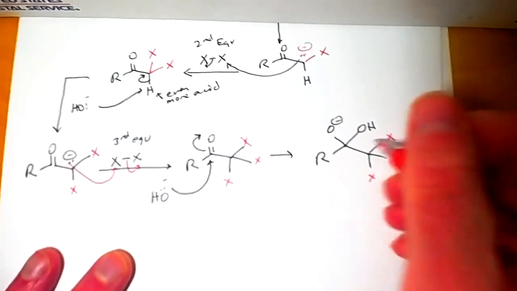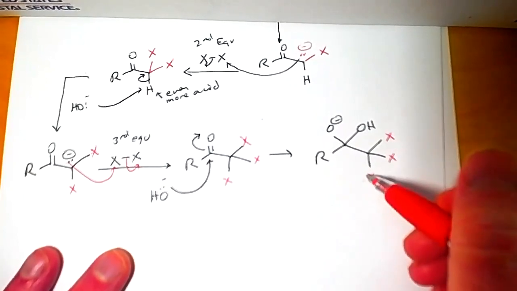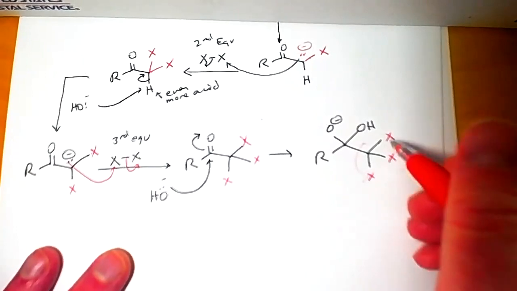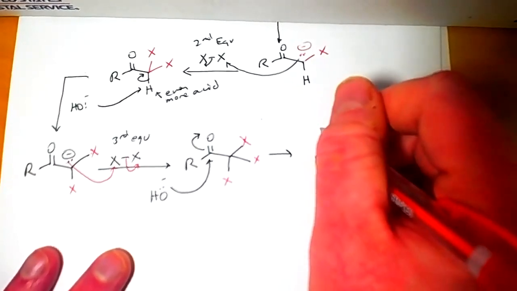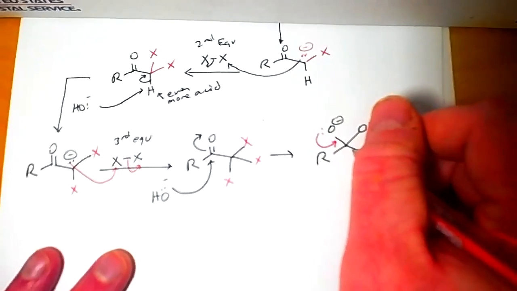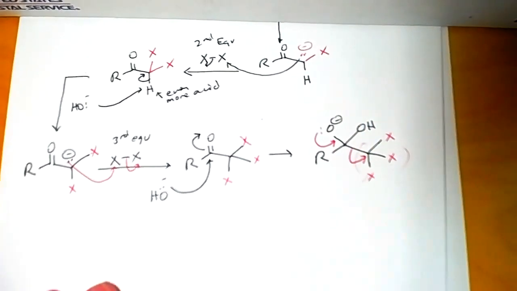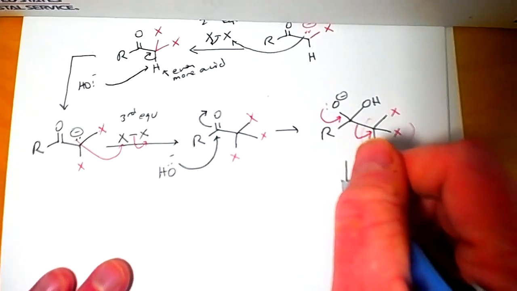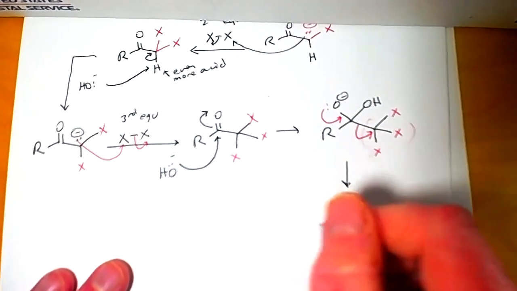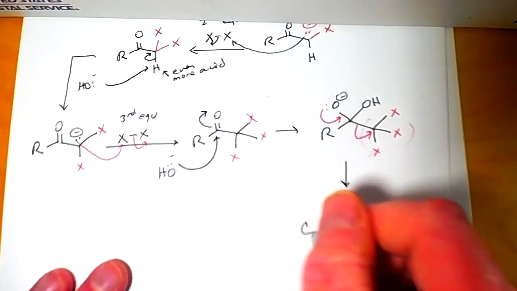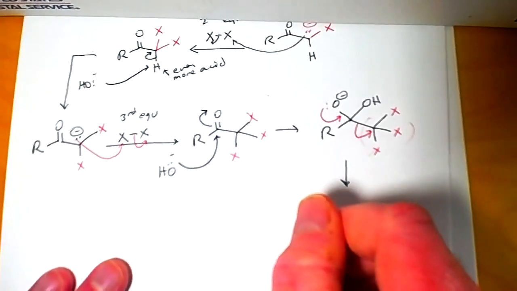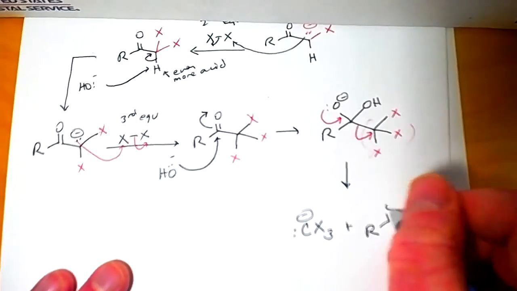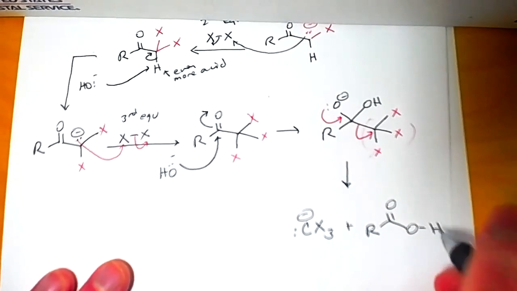And this thing right here, it may not look like it, but this is actually a pretty good leaving group considering you have all of these halogens that could potentially stabilize a negative charge, which is exactly what happens. And so the elimination is you eliminate this CX3 minus species, and you produce carboxylic acid.